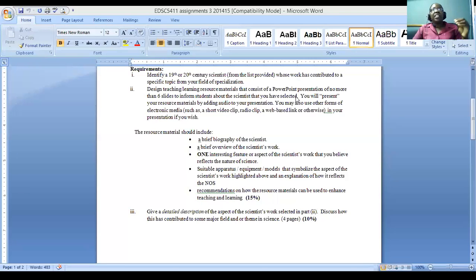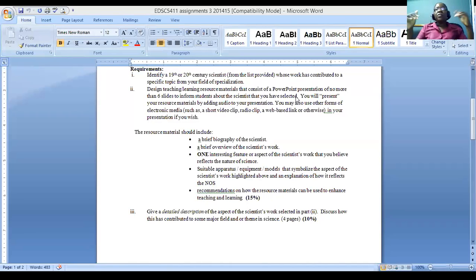I'll give you another example just in case that one is not the greatest. If we were looking at Dmitri Mendeleev, for example, who is a chemist, right? He's the guy who is credited with organizing the periodic table, the first one, or well, the first one that we know of that is famous.